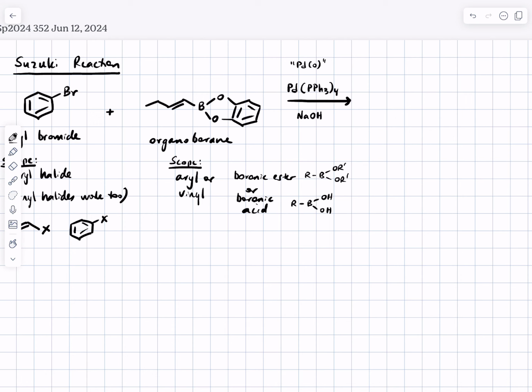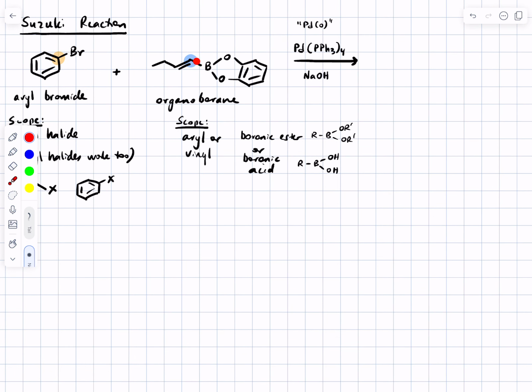The product of this reaction is a new bond between the carbon that had the halide and the carbon that had the boron. In other words, we're going to make a new carbon-carbon bond between this aryl carbon and this vinyl carbon.